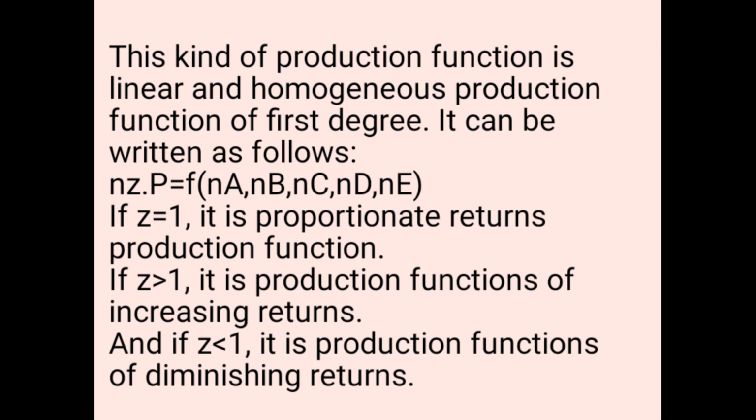So let us study again. When z is equal to 1, it is proportionate returns production function. z is greater than 1, it is production function of increasing returns. And if z is less than 1, it is production function of diminishing returns. So these were different types of production functions, and these are really very important. So take a look over it.